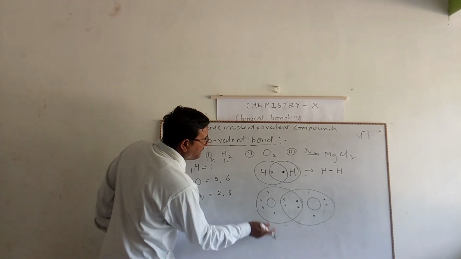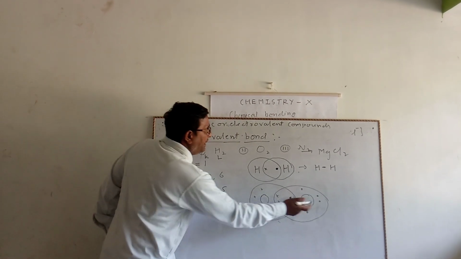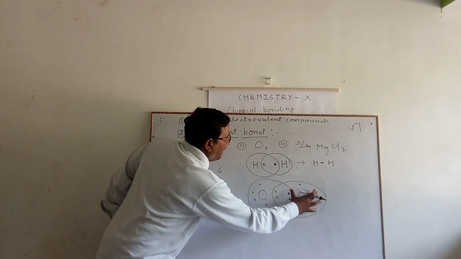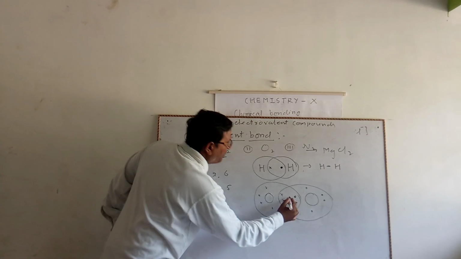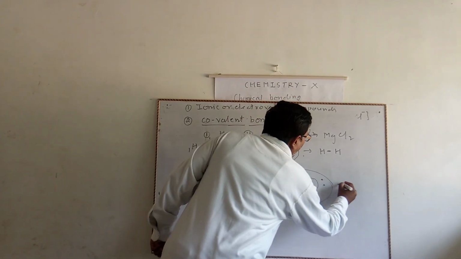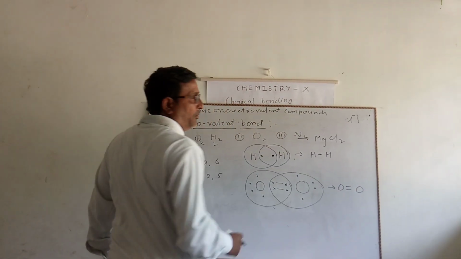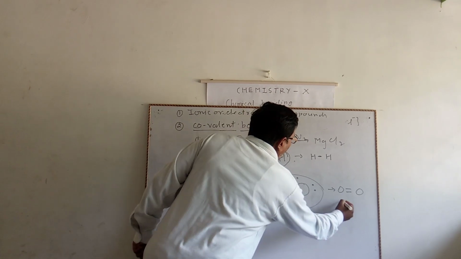In this oxygen there are 8 electrons, and in the other oxygen also 8 electrons. Both are sharing 2 electrons, so the bond between oxygen atom and oxygen atom is a double covalent bond, and it forms the oxygen molecule.